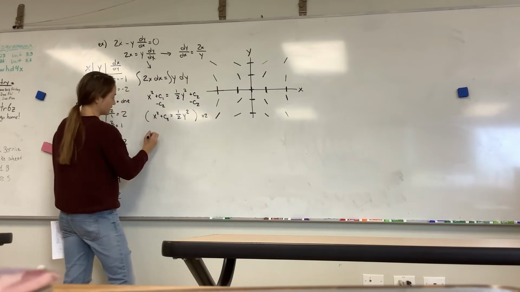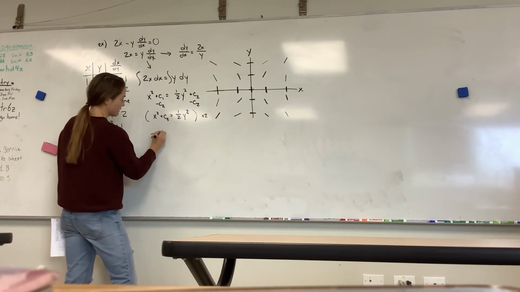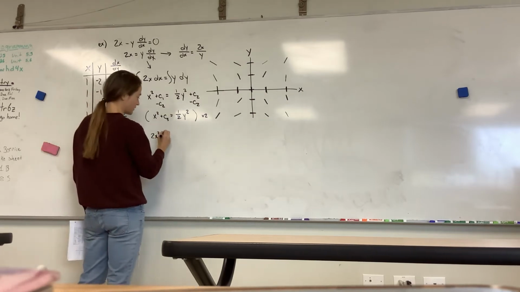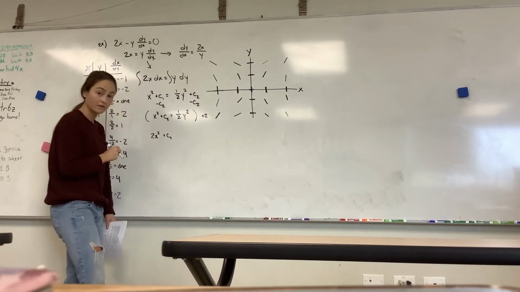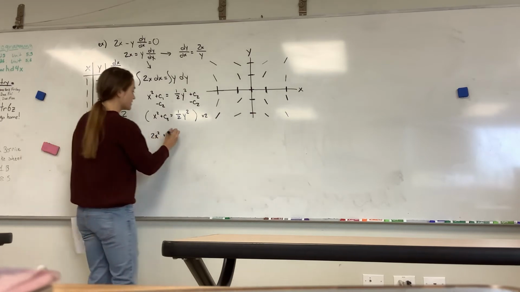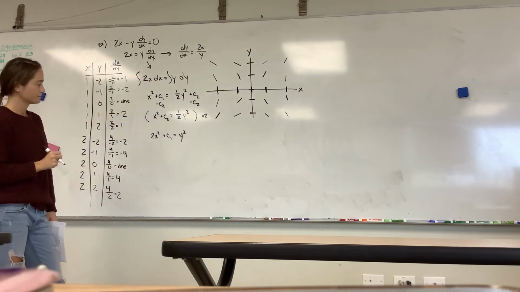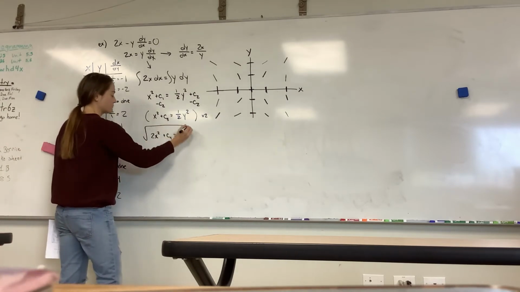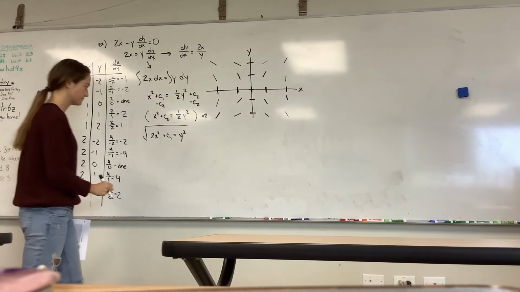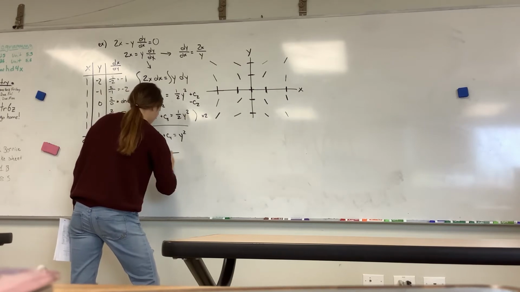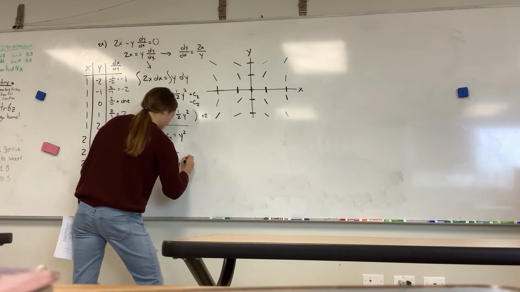So I get 2x squared, and then 2 times c3 is again just some other constant, so I'll just bump it up to a c4 at this point, is equal to y squared. And then I will take the square root of both sides to get y on its own. So I get plus or minus the square root of 2x squared plus c4 is equal to y.